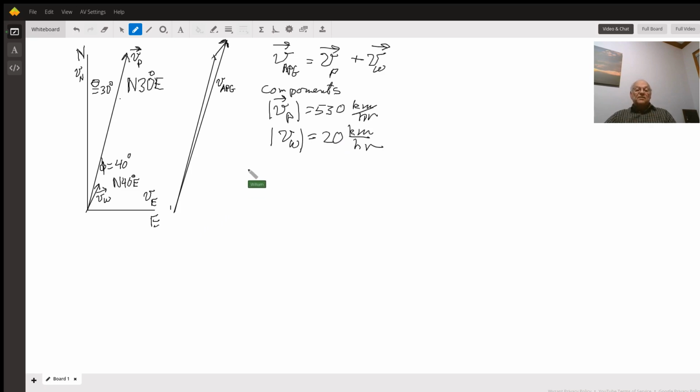To divide this, we have to say that the speed of the airplane with respect to north is equal to 530 times the cosine of 30 plus 20 times the cosine of 40, because the angle here is different than the angle of the plane with respect to the ground.